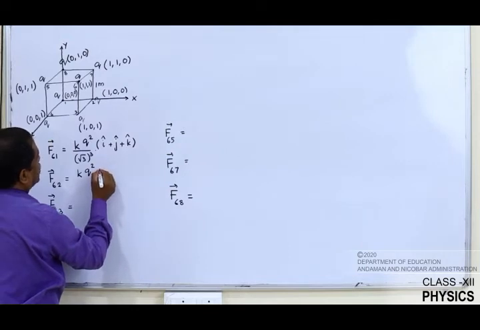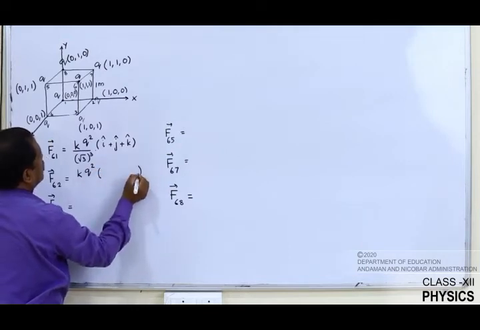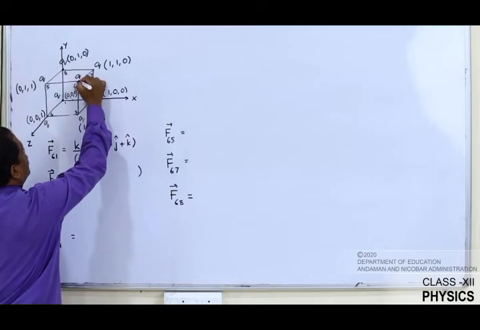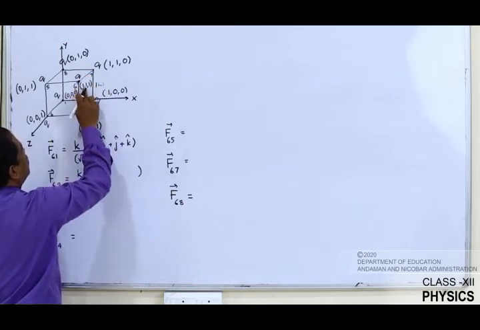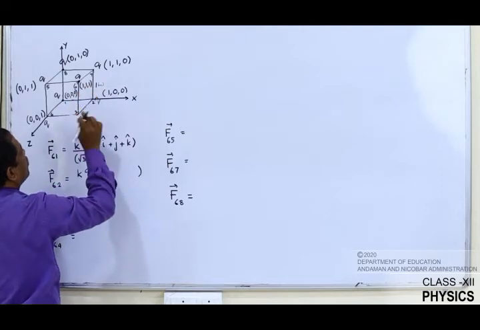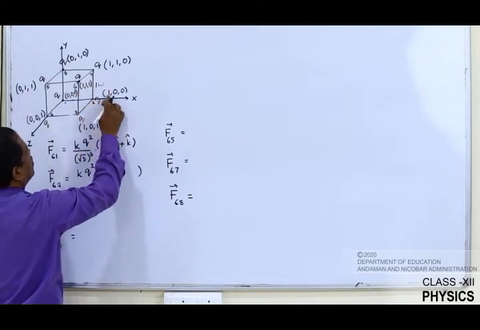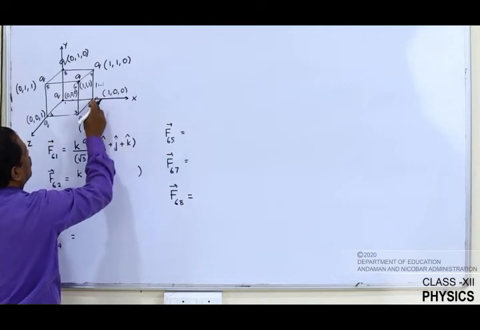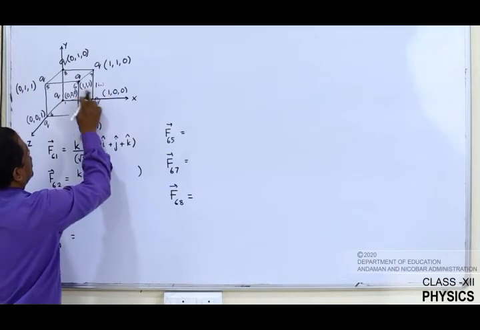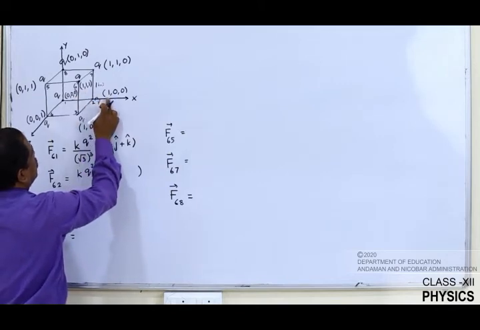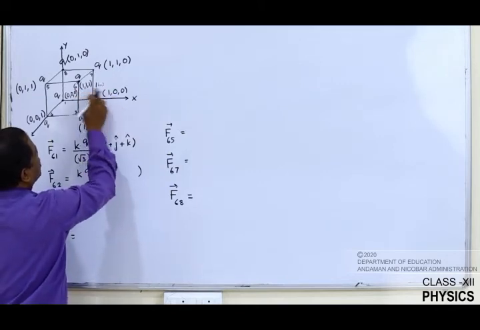When I talk about vector, see, the final arrowhead will be here. So this is the final vector i plus j plus k, and this has only i vector. So from here, if I try to calculate, this minus this will be 0. I will have j plus k.